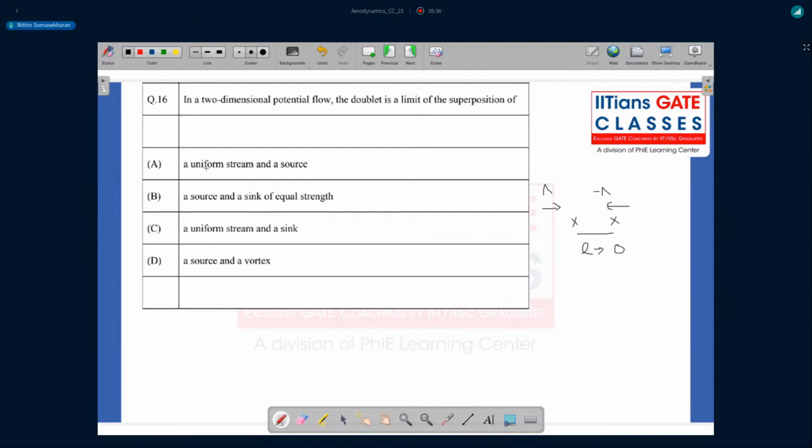From the given options, we have a source and a sink of equal strength, which is basically our right option. We have a source and a sink of equal strength, and that too of infinite strength coming together in a very, very short distance.